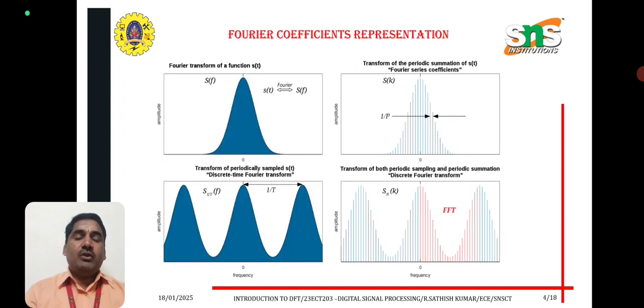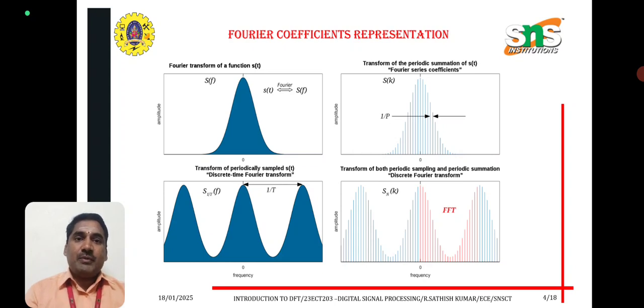Next one, Fourier coefficients representation. First represents the Fourier transform of function s of t. First, conversion of time domain into frequency domain. When we apply the Fourier transform to the time domain, it can be converted into the frequency domain. Second one, transformation of the periodic summation of x of t gives Fourier series coefficients.